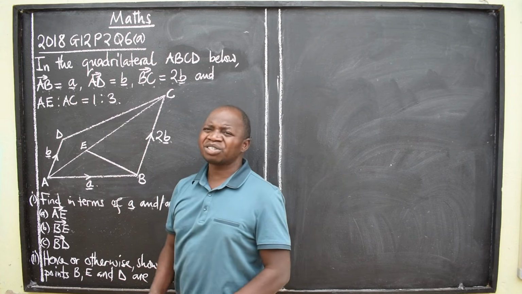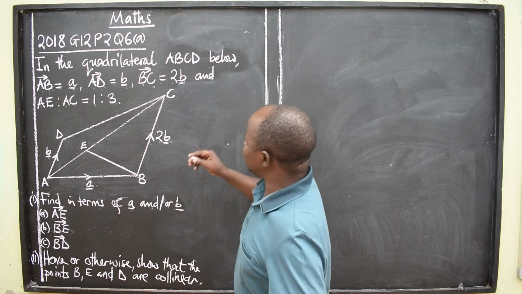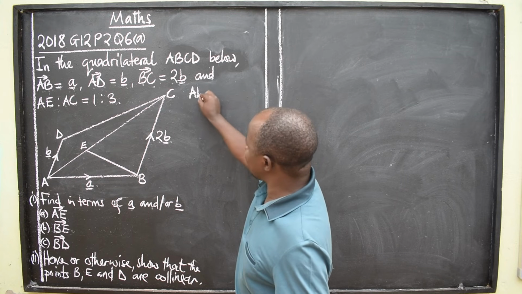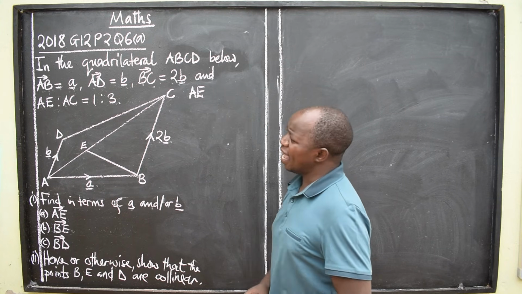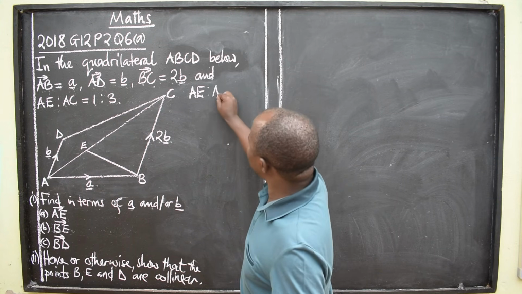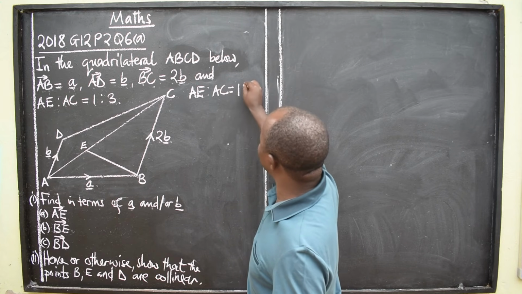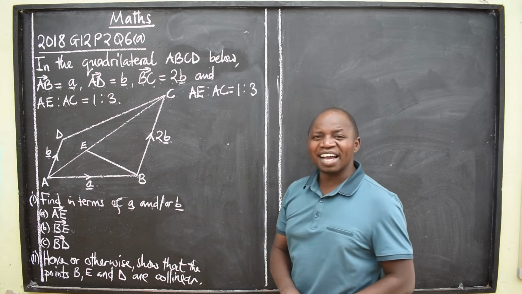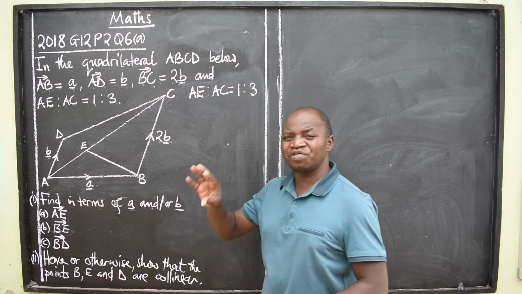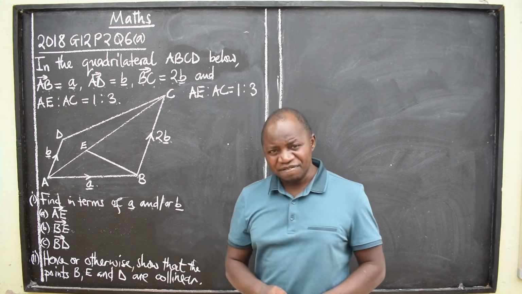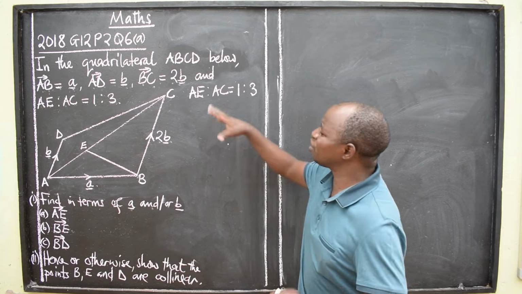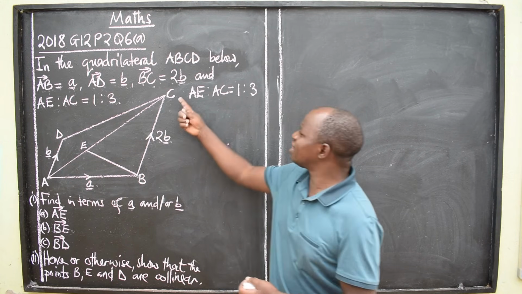Then the ratio has also been given. This ratio, AE to AC is equal to 1 to 3. Now you have to understand the meaning of the ratio. And I must emphasize as well that the ratio is not always given in this format.